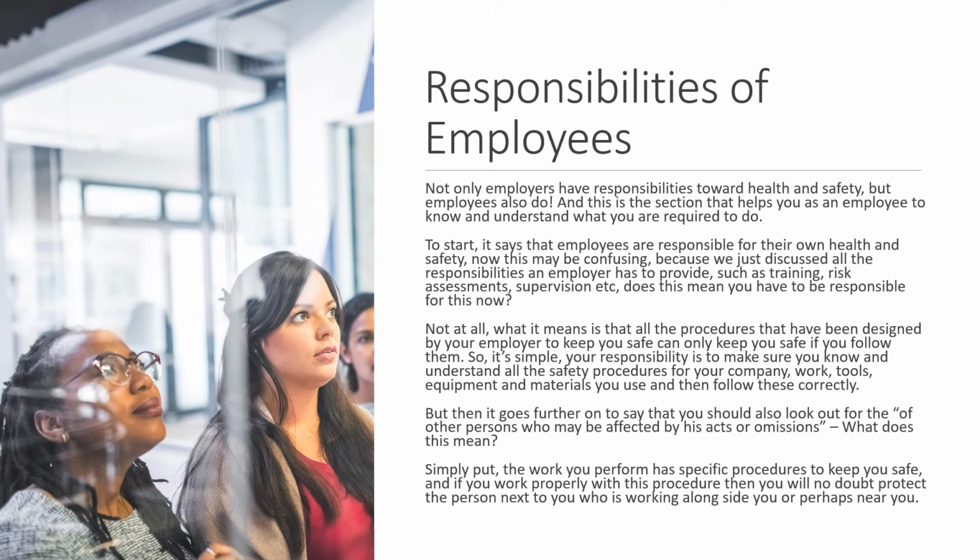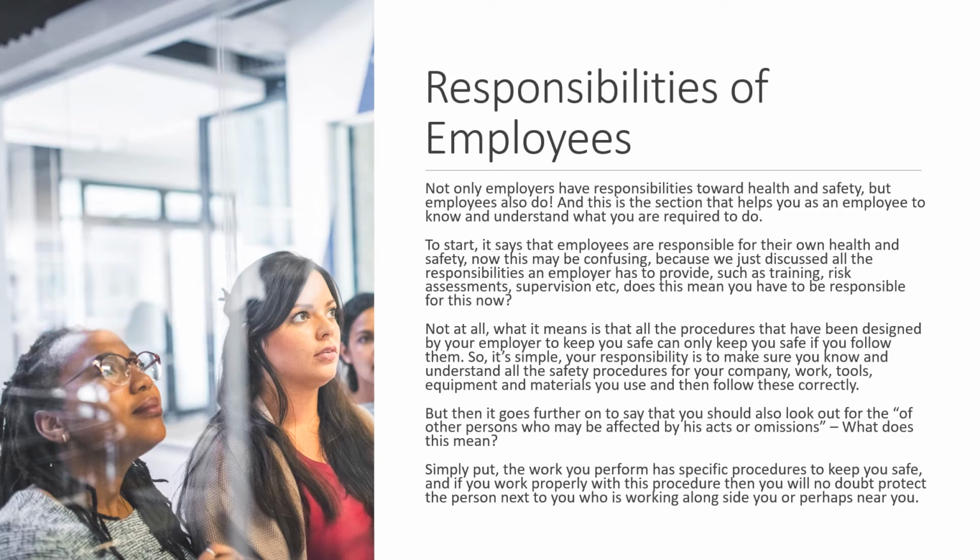So we have seen that it's not only an employer who has responsibilities toward health and safety, but employees also have responsibilities. Section 14 of the OHS Act outlines those duties of employees at a workplace. When it says that you as an employee are responsible for your own health and safety, was this a little confusing?